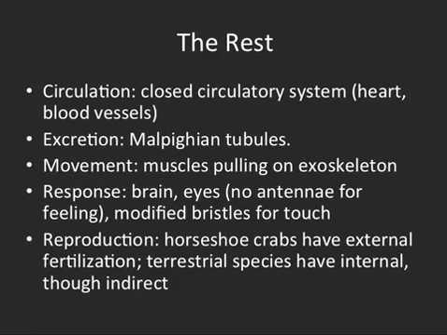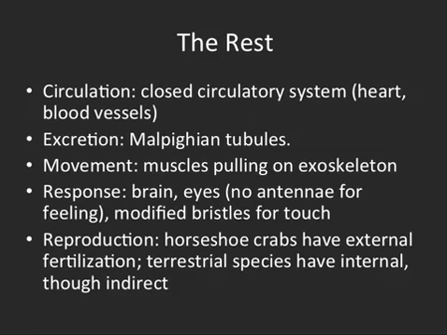So it's called internal because he inserts the sperm into the female spider, and it fertilizes the eggs internally inside the female. But it's called indirect because he doesn't directly insert those sperm using a copulatory organ. He drops a packet of sperm and then inserts it, and so that's why it's called indirect.